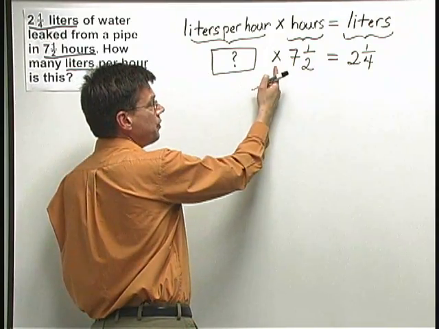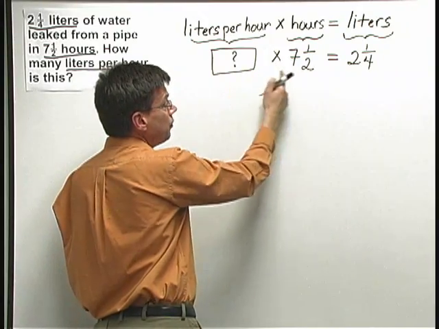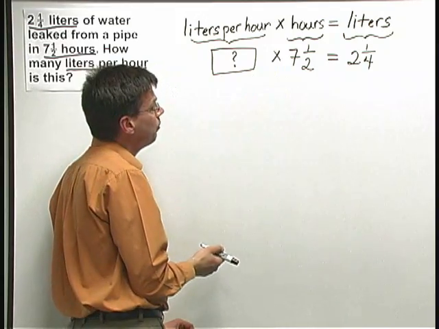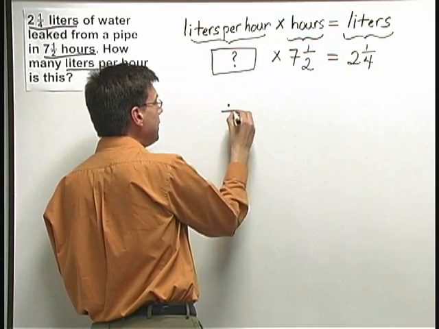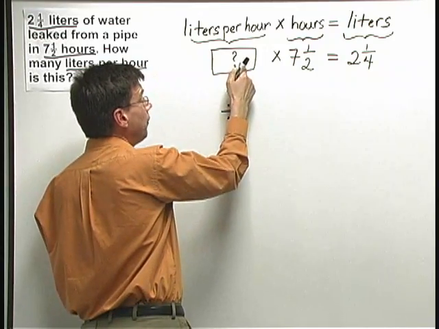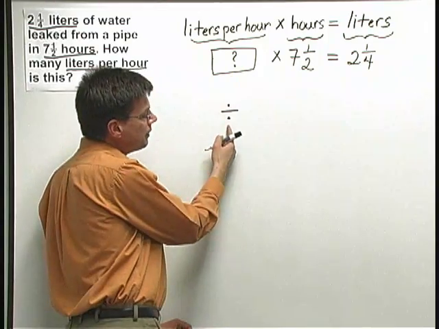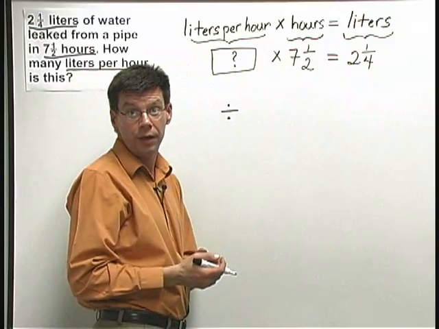The missing number statement involves multiplication, but I'm missing one of the 2 numbers I want to multiply. When I'm missing a number to multiply, I need to divide. We're going to have to divide here in order to find the number that goes in the box. When I set up a division problem, it's important to be careful to get the right number first.